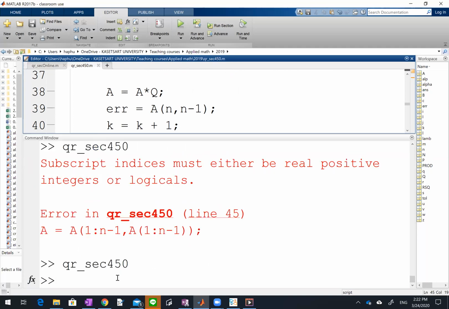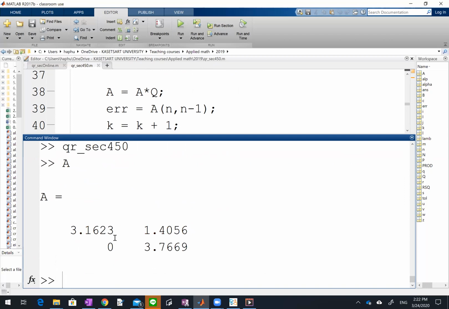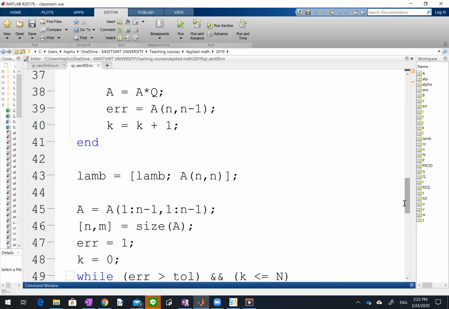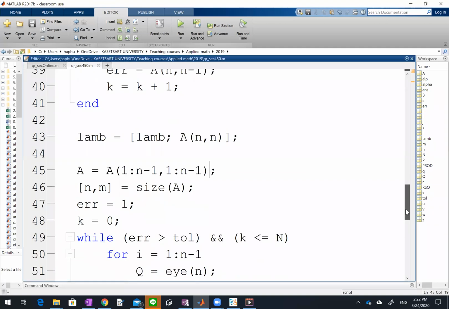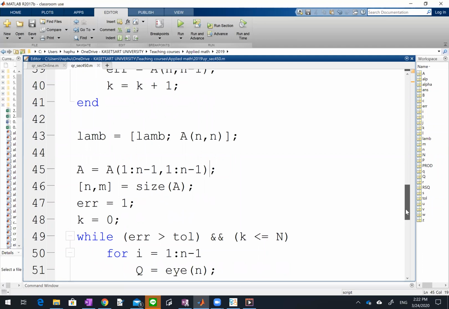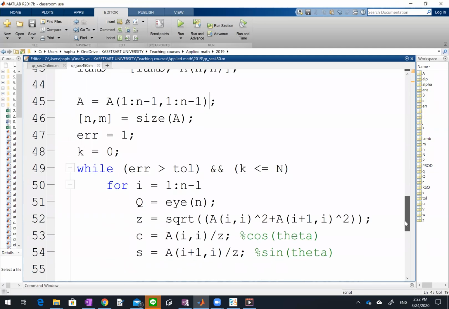So after reducing the matrix, this is my new A. Oh, so it's not correct. So for my new A, why is it not correct? So this is my new A, 1 to N minus 1. And then I update my N, ERR.